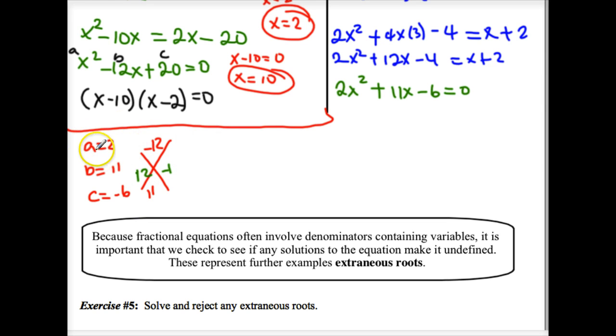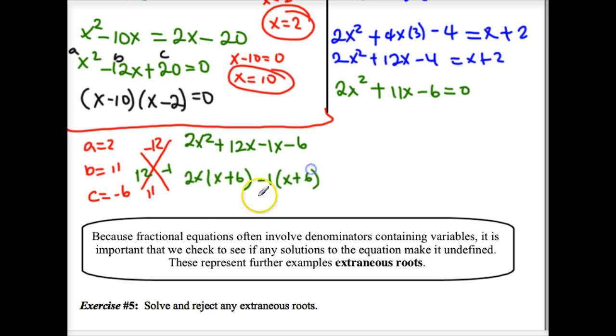My a is bigger than 1, sorry, it's 2, so I replace this. I get 2x squared plus 12x minus 1x minus 6. They have a 2x in common. I'm left with x plus 6 minus 1. It's x plus 6. I write my factors out.